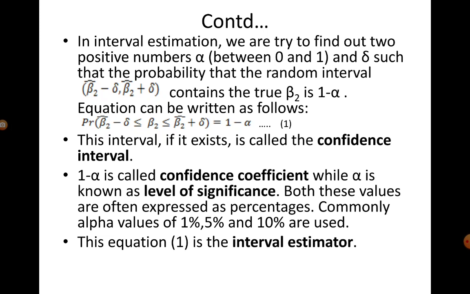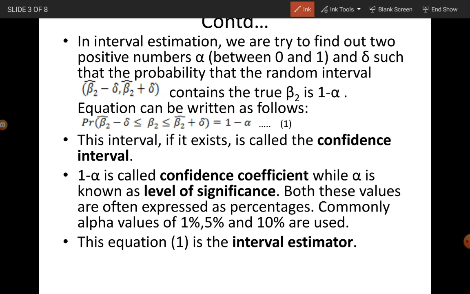Technically speaking, in interval estimation, we are trying to find out two positive numbers. The first is alpha, which represents probability between 0 and 1, and the other is delta. So, we are trying to construct an interval that ranges from beta 2 hat minus delta to beta 2 hat plus delta.